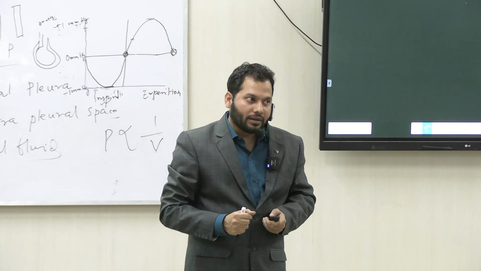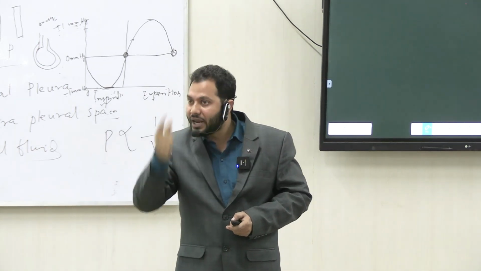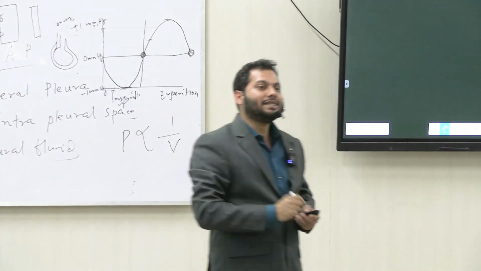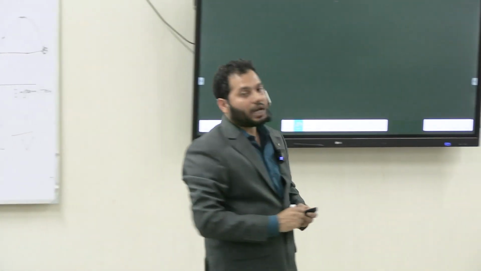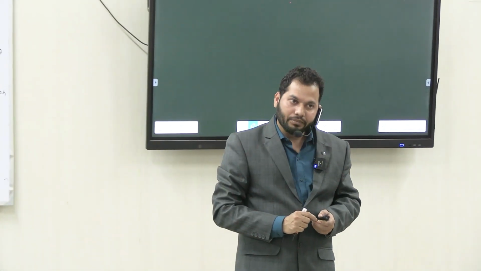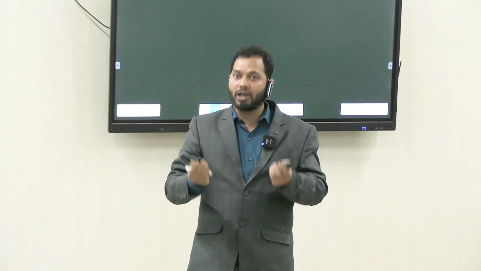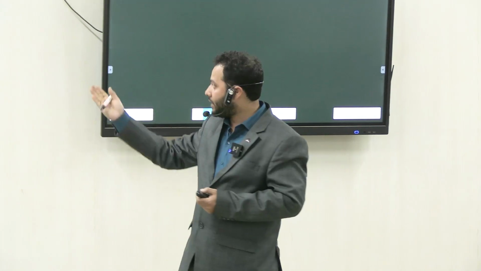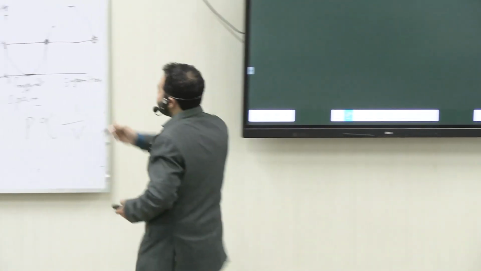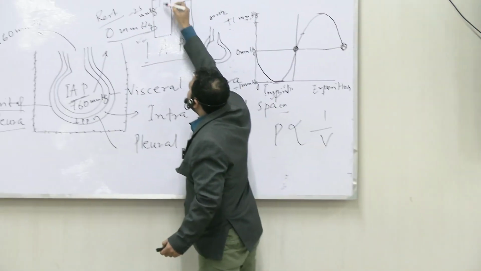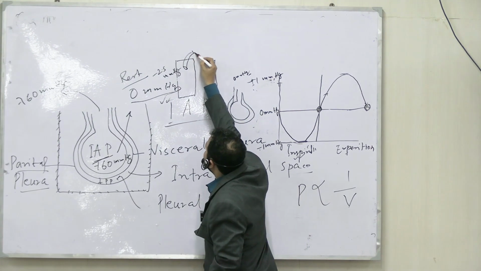But to maintain that negative pressure, another important system works here. That is called the lymphatic system. So what are the features of the lymphatic system? What is the function of the lymphatic system here? This is the lymphatic system.